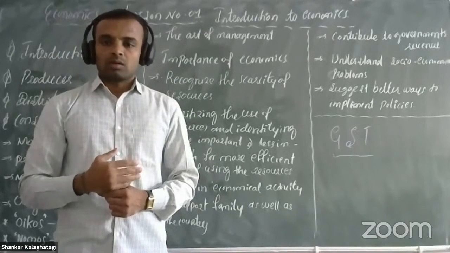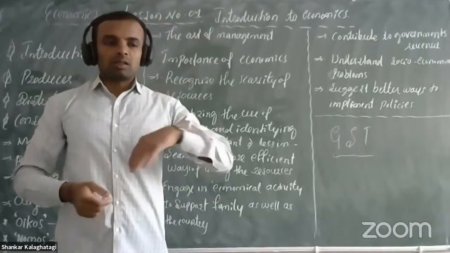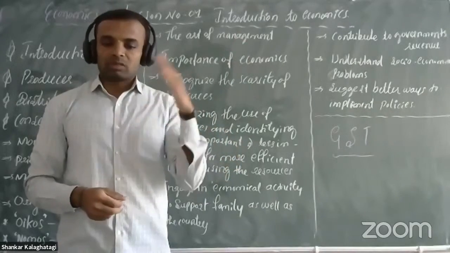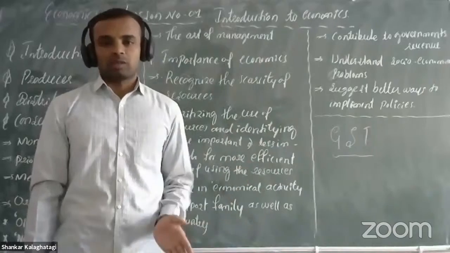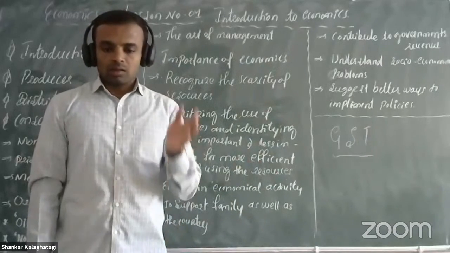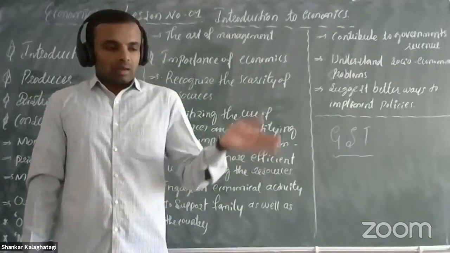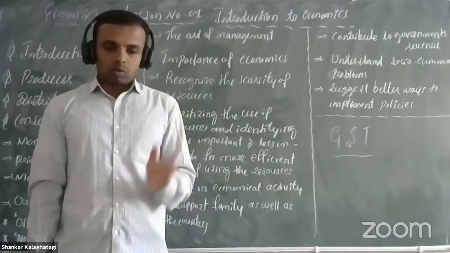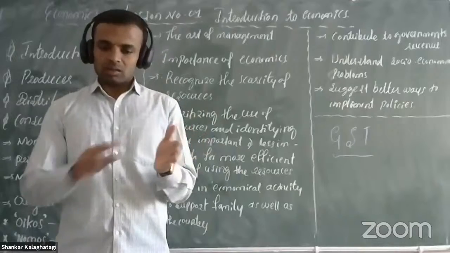From the producer, or sometimes from a wholesaler. And that wholesaler purchases the goods from the manufacturer or producer. In all these economic activities, the producer, meaning the manufacturer, and the wholesaler and shopkeeper come under the distributors.